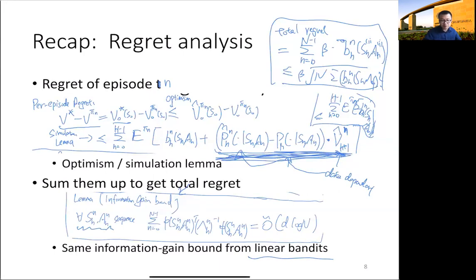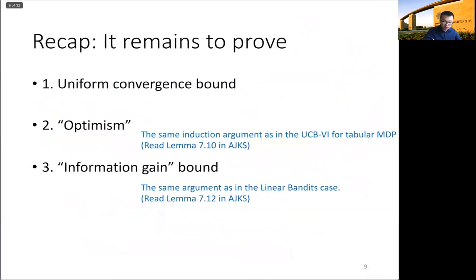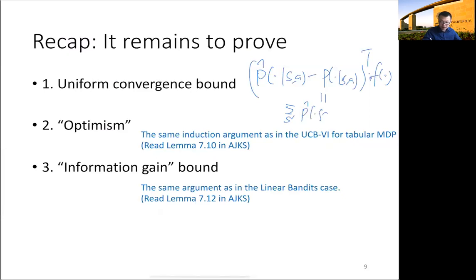So both the optimism and this part of the regret analysis depend on the same quantity, which requires us to bound our p hat minus p(s,a) multiplied with some f, like an inner product of this, and this is equivalent to the sum over s prime of p hat(s prime | s,a) f(s prime).